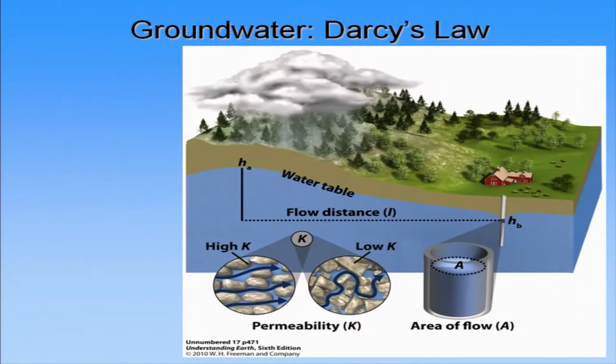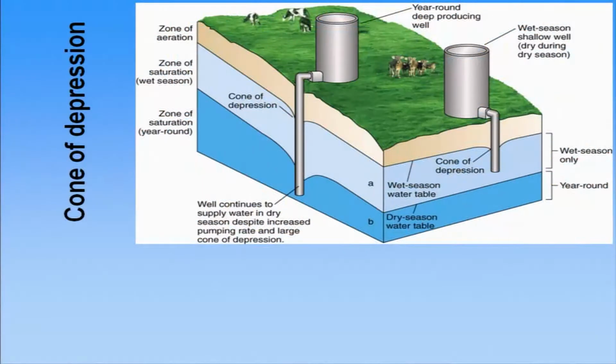Now we will see if there is excess removal of groundwater, then what feature we will be able to envisage in terms of the water level. This is termed the cone of depression. We have the zones, like the zone of aeration and the zone of saturation, that is a wet zone, and the zone of saturation around the year.